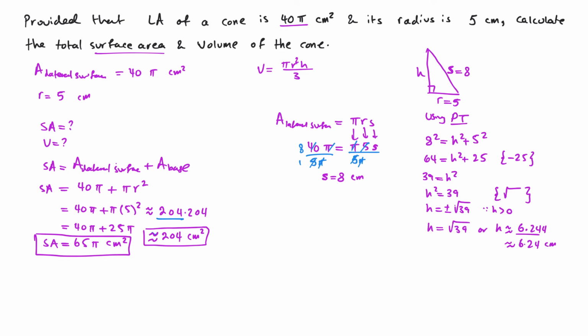So finally, I have my h value, so I can go back to my original equation. Volume is equal to pi, my r value is 5 squared, my h value is the square root of 39, or you can use 6.24.